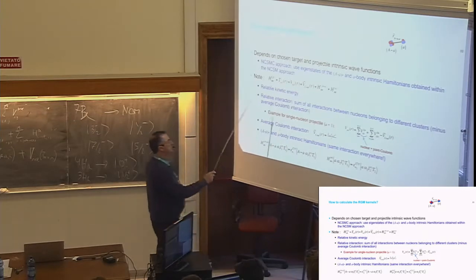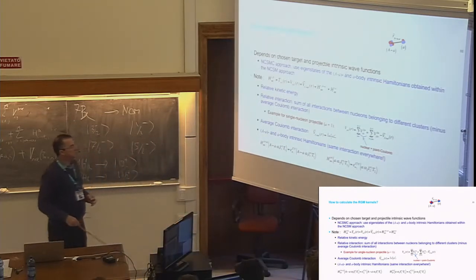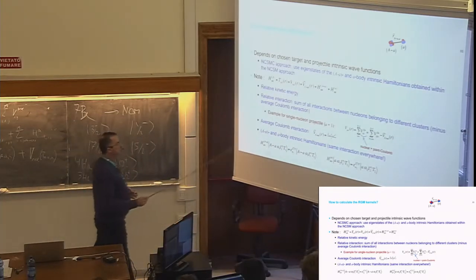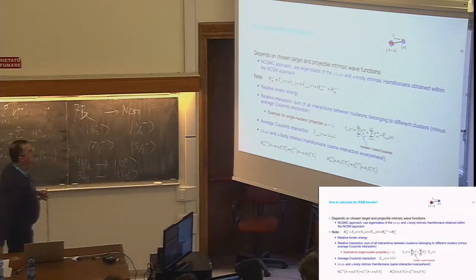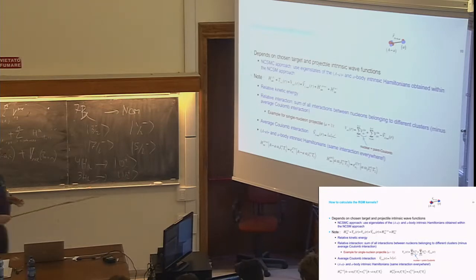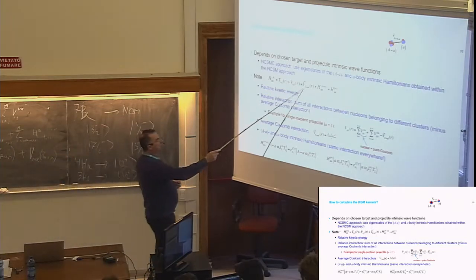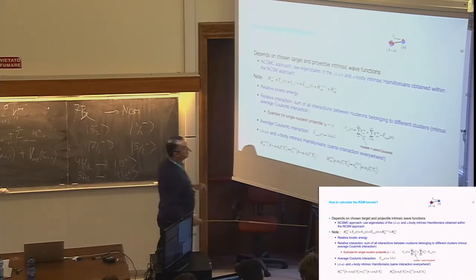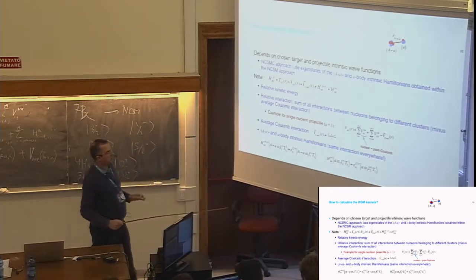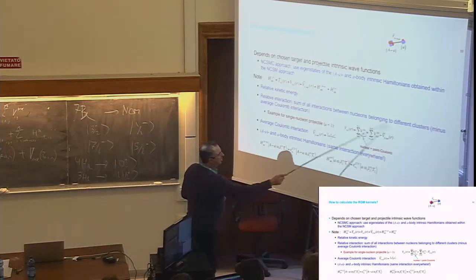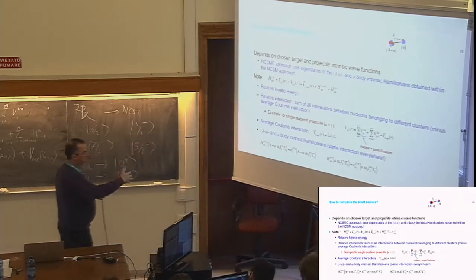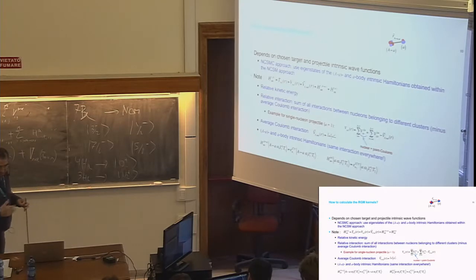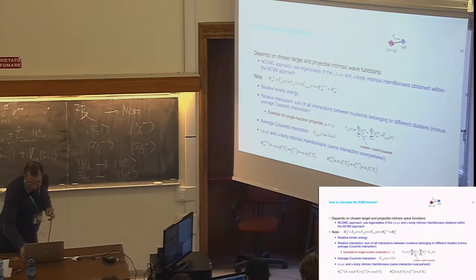I just want to point out that this is an important issue that one has to deal with in this type of calculation. As I say, this is exact, but the fact that I now need to add this Coulomb and subtract it is already an approximation, which is good as long as my expansion of this part in the harmonic oscillator basis is sufficiently large. I mean, I keep a lot of basis states.